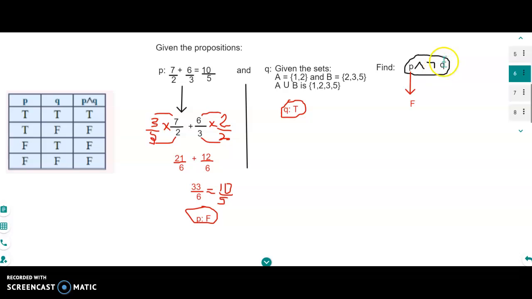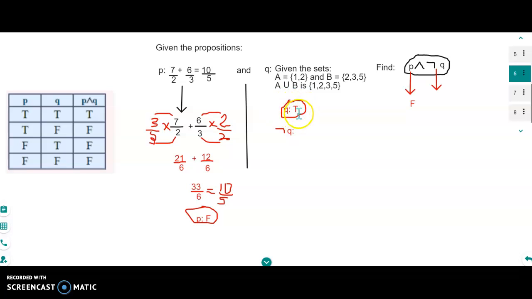We have to find the truth value of the negation of Q, and we don't have it yet, but with the truth value of Q we can find the negation of Q. Remember, the negation of Q is the opposite truth value of true.